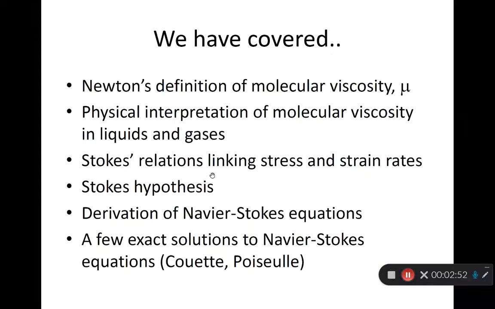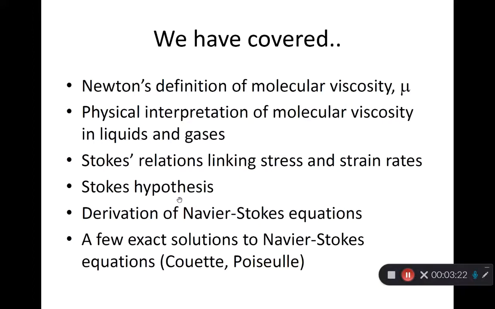In the previous lecture, we also talked about Stokes relations that link the stress to the strain rate, building upon what Newton had originally found just in one dimension. When you have a linear relationship between stress and strain rate, we have what we call a Newtonian fluid. Otherwise, you have a non-Newtonian fluid. When we were developing these relationships, there was a quantity called lambda.